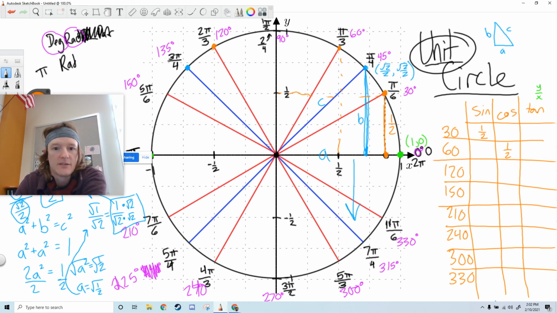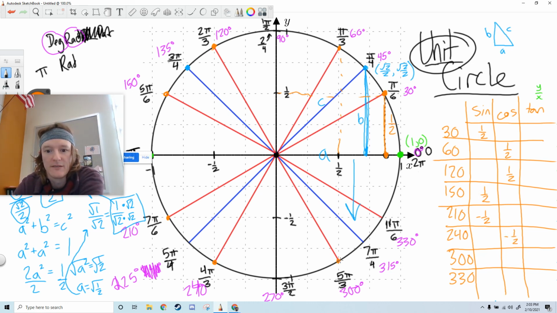Here, our sine, we don't know that, but we do know our cosine at 120 is 1/2. Our sine at 150 is 1/2. At 210, our sine is negative 1/2. At 240, our cosine is negative 1/2.